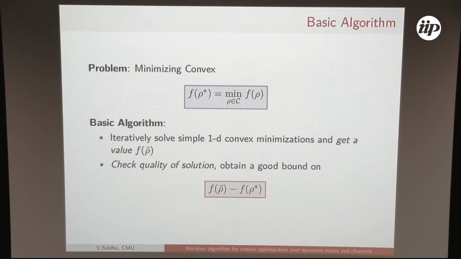Because if f is linear, you can go to an SDP solver and you don't need to even bother about this talk. But if your function is not linear, then you need to work. Yeah, you need gradient information somehow.